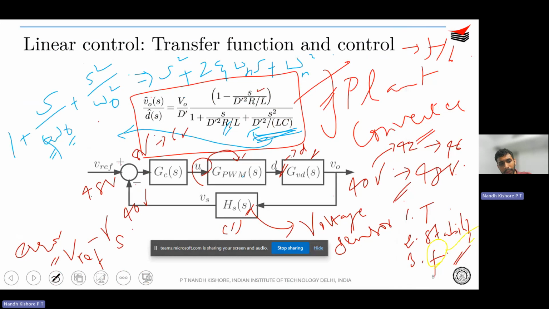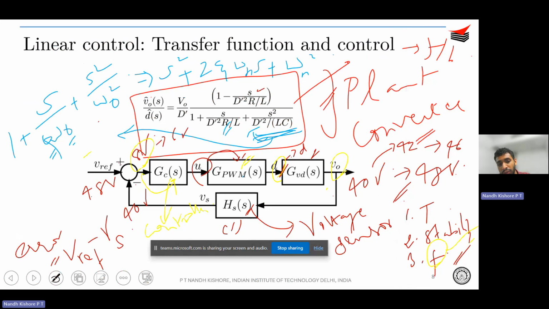And then we saw a typical feedback system wherein if there is a difference in V naught compared to Vref, then you have an error voltage over here, right? Then the error is fed to the controller, or Gc(s). It gives appropriate input to the PWM pulses, and then an appropriate duty is generated.